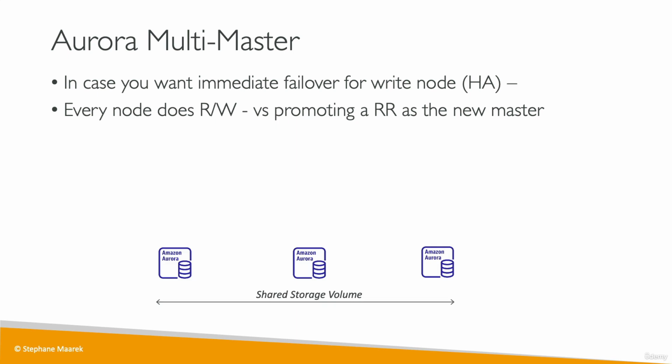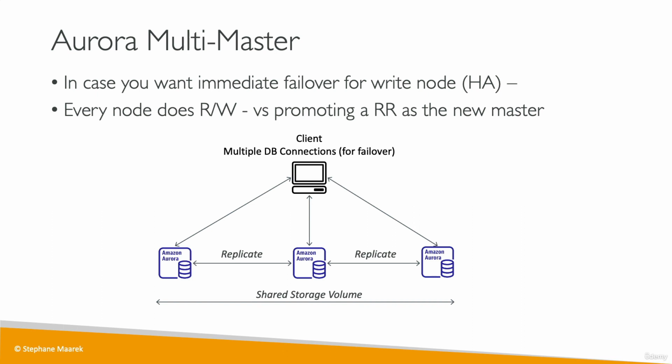So here we have three Aurora instances. There's replication happening between all of them. There's a shared storage volume, and the client will have multiple database connections. All the Aurora instances can do writes, and in case one Aurora instance fails, then you can automatically fail over to another one, giving you immediate failover for the writer node. And these are the kinds of use cases and scenarios that the exam will test you on.